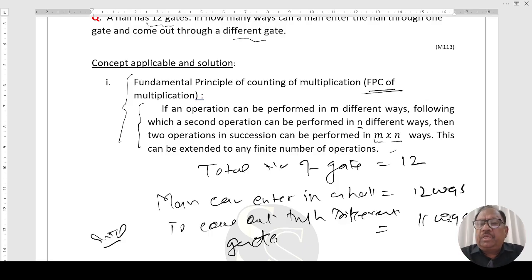What is the event in this case? The event is first to enter, then to leave. To complete the event, all the sub-events are to be multiplied. Sub-events: to enter is one sub-event, to leave is another sub-event. To get that event, all sub-events are to be multiplied. That is the FPC of multiplication.